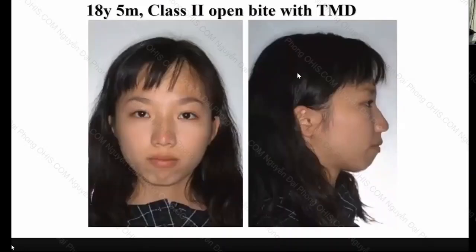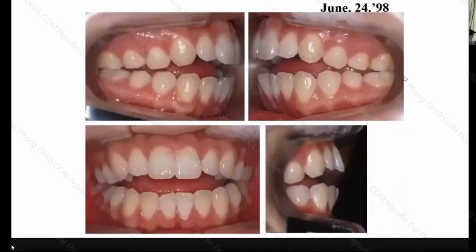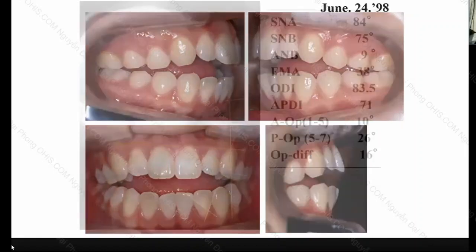The 18 years old, class 2 open bite, and she had a little TMD problem. The anterior bite is opening, see, and you can see in this canine premolar area many facets. That means that she had been biting upon the lower teeth before, but slowly opening, and therefore secondary open bite.